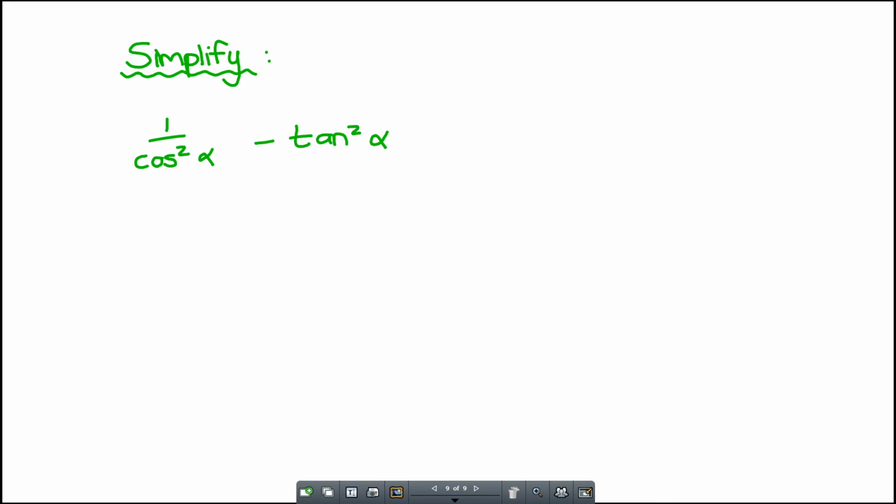Skryf alles in terme van sin of cos, want dan is dit vir ons baie makliker om te vereenvoudig en kleiner te maak. So stap 1, write everything in terms of sin and cos.